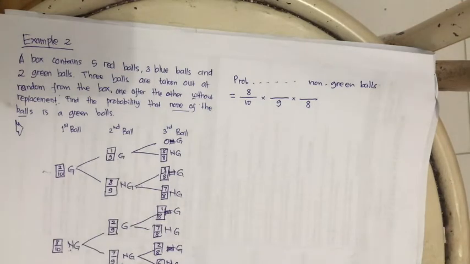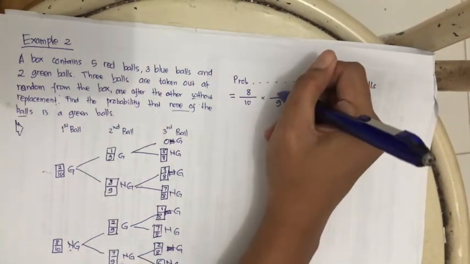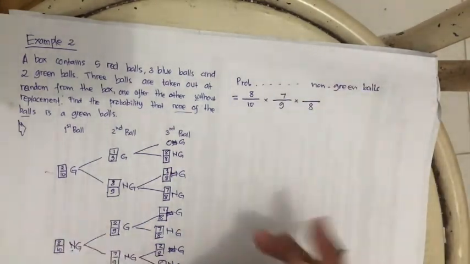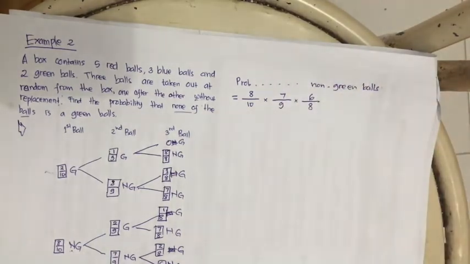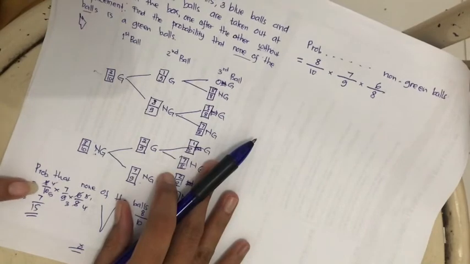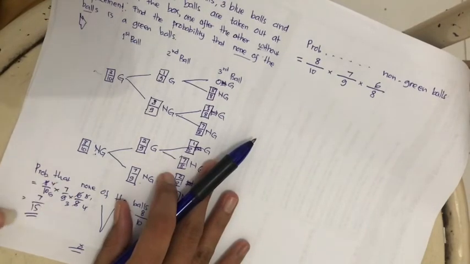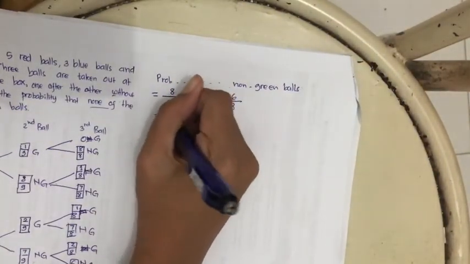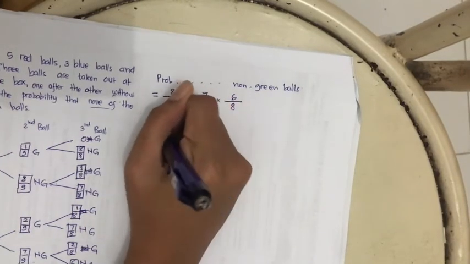If we already took one non-green ball in the first experiment, the remaining non-green balls for the second experiment is 7. And then for the third, 6. It is just the same as before: 8 over 10, 7 over 9, 6 over 8. So it equals 7 over 15.